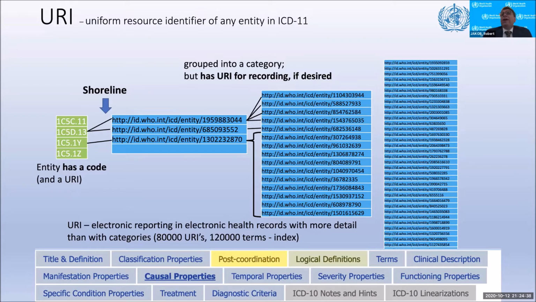However, the point is, what you see here, these complicated things, of course, they are supposed to be used in electronic environments because it's an extremely high level of detail, and it will be challenging to document this without electronic environments. We also have, of course, as you see, every entity defined with title, definition, classification, properties, post-coordinations or code combinations, logical definitions, and all kinds of other elements that are part of what we call the content model of the ICD-11.